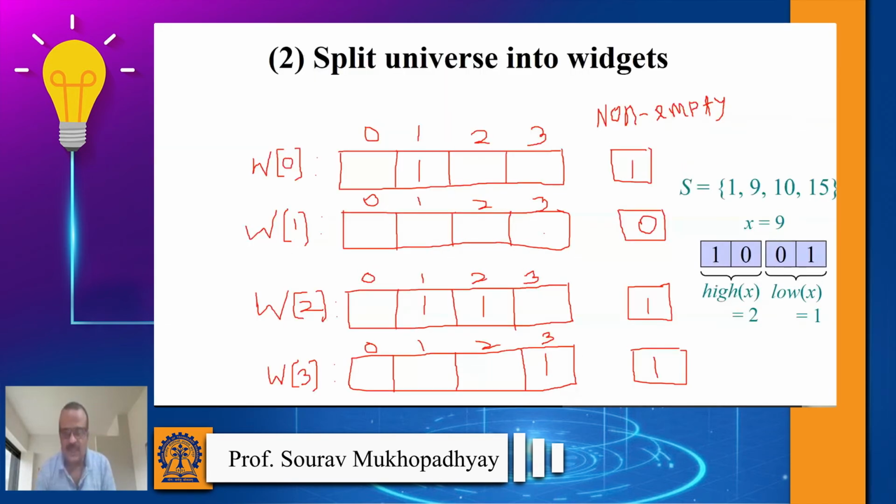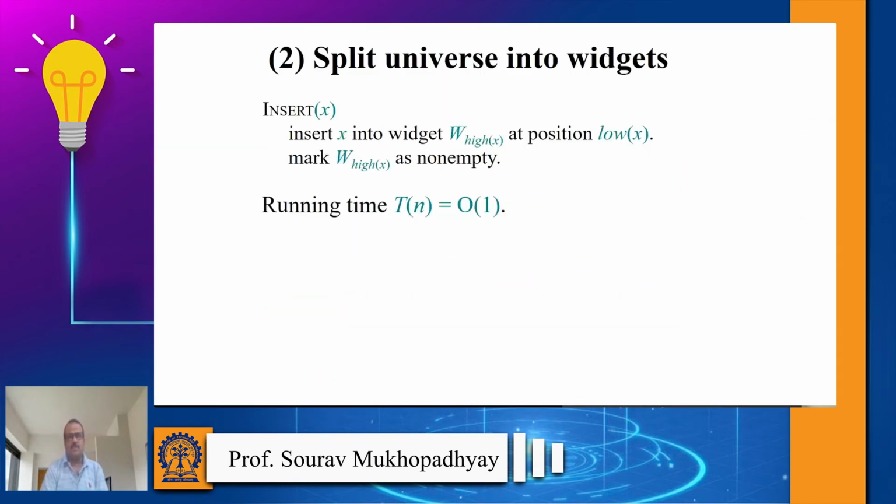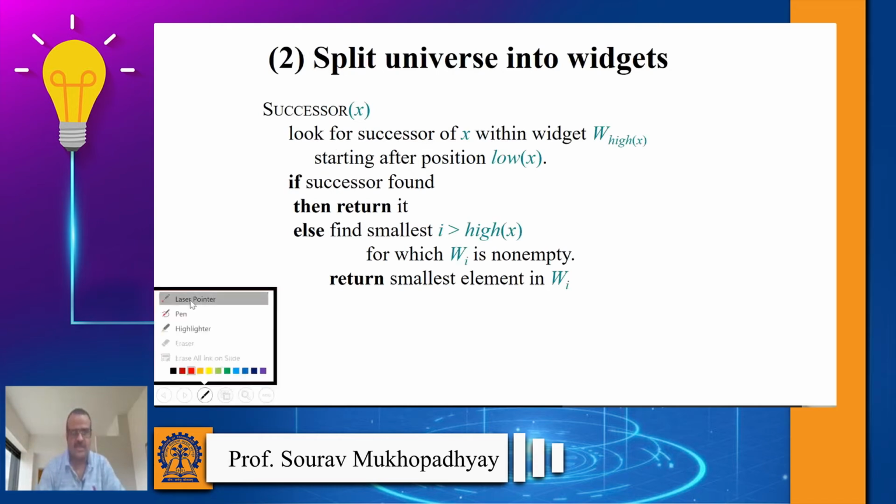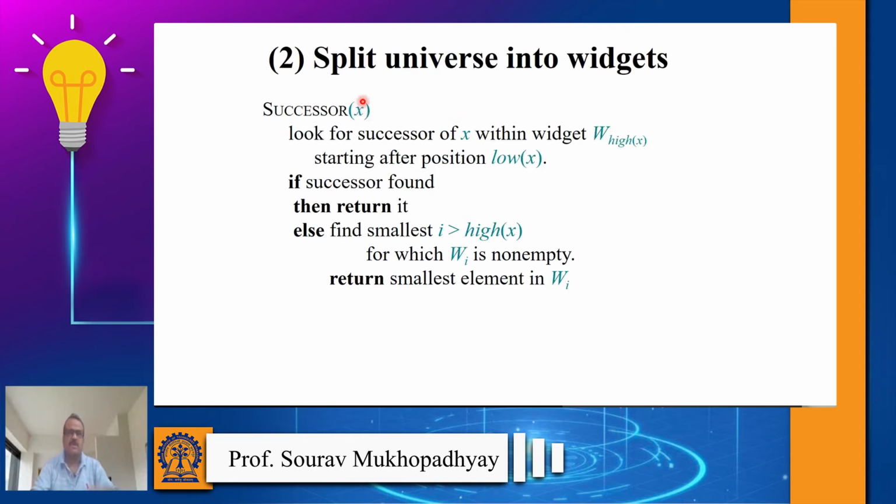Yeah, so successor is basically order of root u, but insert will take constant time, that is fine. So this is the successor, what we have discussed just now. We are breaking x into binary, then finding the high of x and low of x, and then we look for the successor of x within the subarray, within the widget.